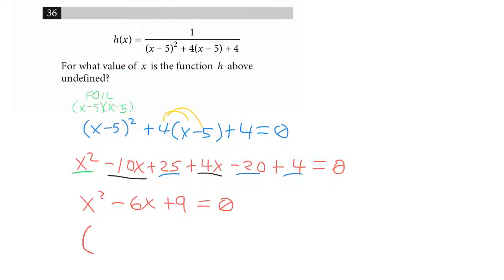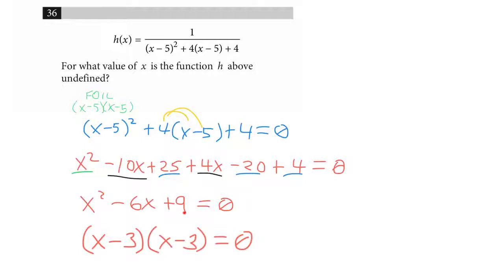So yeah, this could be factored. It's almost like you had to FOIL this part just to get it into a single string, and then you had to simplify it, and now we're actually factoring this thing, right? So, a little tricky maybe, but it's going to be x minus 3 times x minus 3. Now, how did I do that?